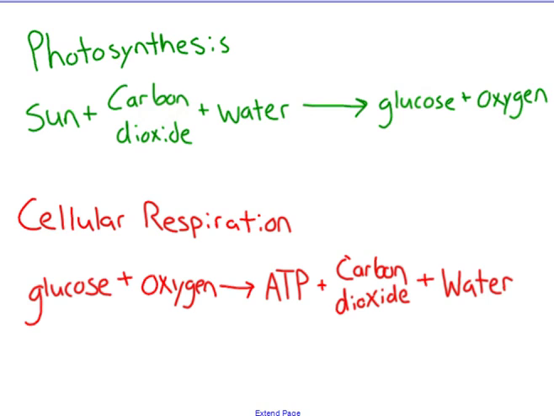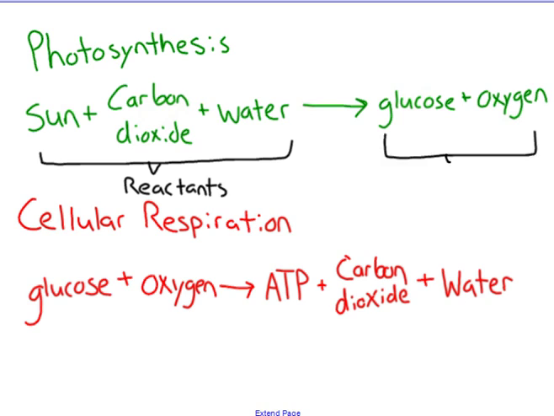These are the equations for photosynthesis and cellular respiration. Just a reminder, kind of a throwback to Unit 2, things that are before the arrow are the reactants, and things after the arrow are going to be the products.